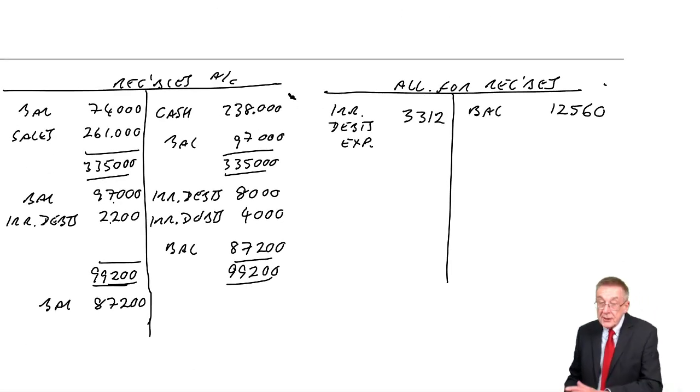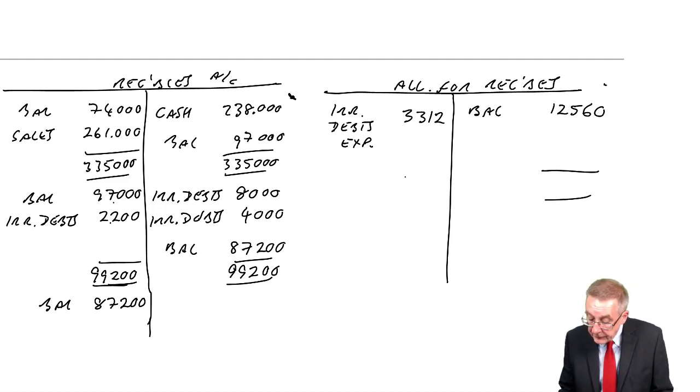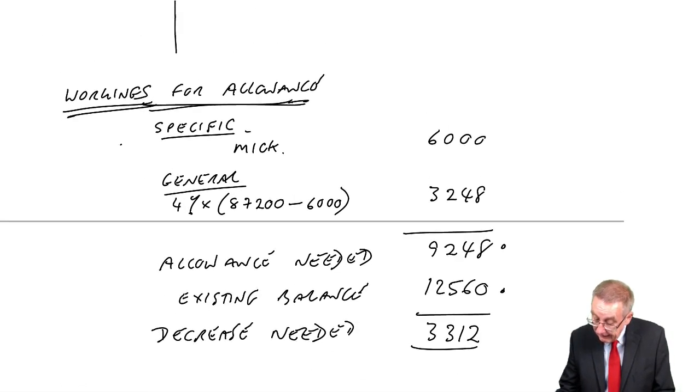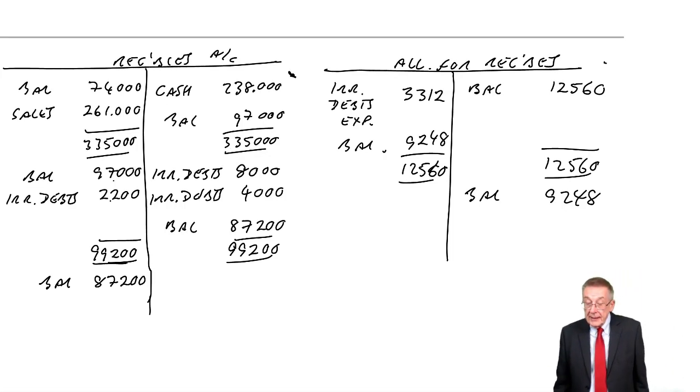And before I say any more, just let's check, see what balance we're left with. The balance we're left with at the end of the year, the missing figure, is the figure I wanted, I hope, 9,248. Yeah. That's the figure we want at the end of the year.